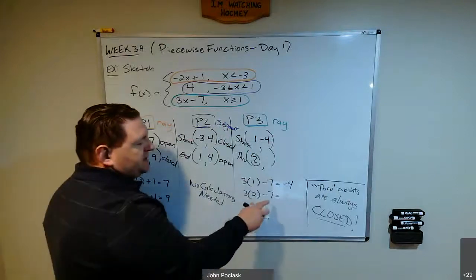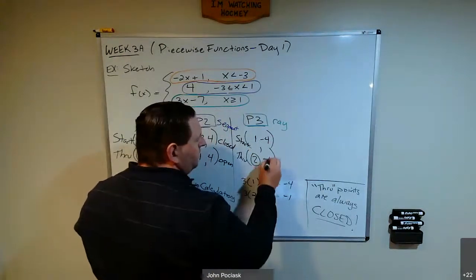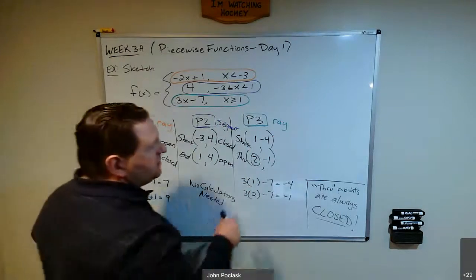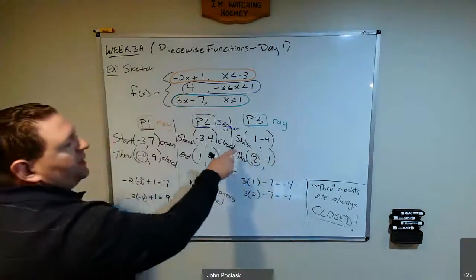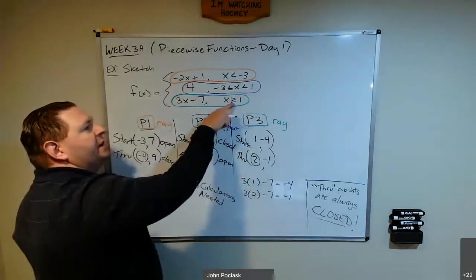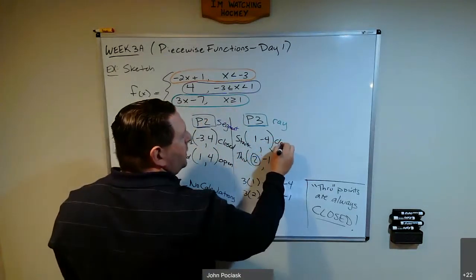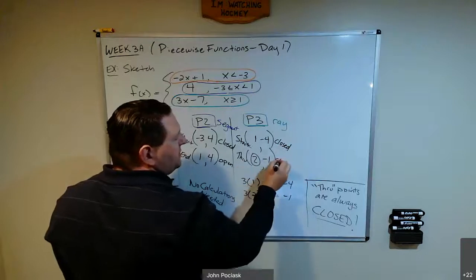And then 6 minus 7 is -1. Now it's a matter of just giving the open and closed on this. The start value has an equal sign under there, right? So that is going to be closed. And then through points are always closed.